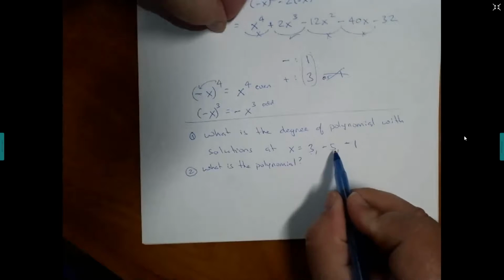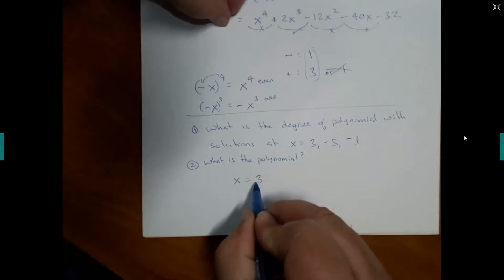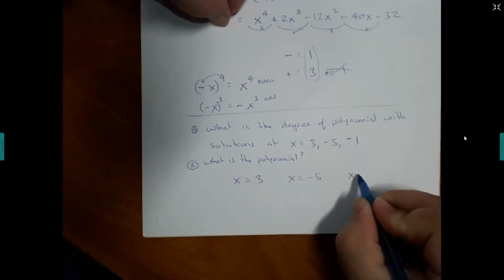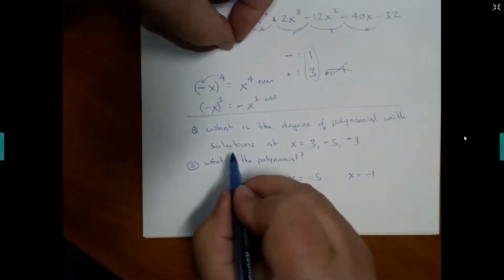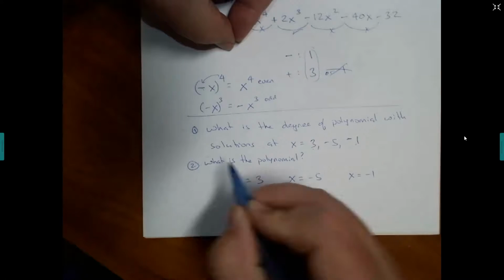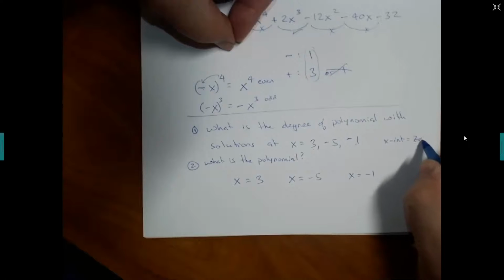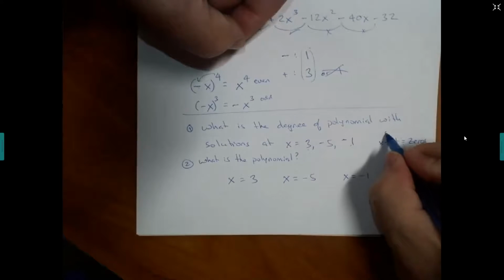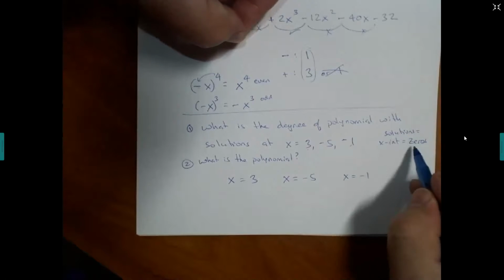Since we know these are our solutions, these are our X-intercepts. Since they're solutions, they're X-intercepts. They're also zeros. Solutions, X-intercept, they're all the same thing.